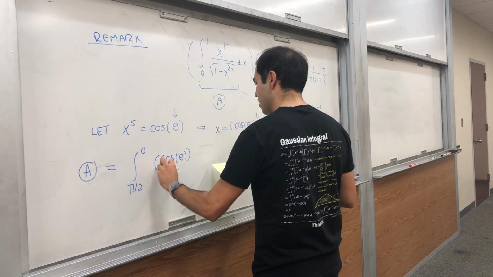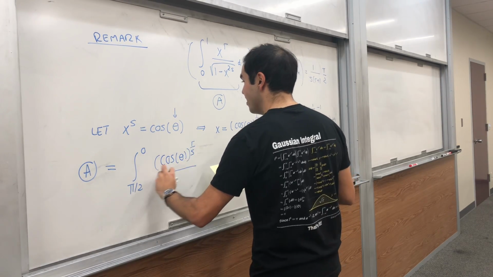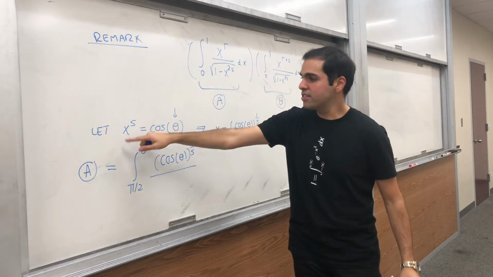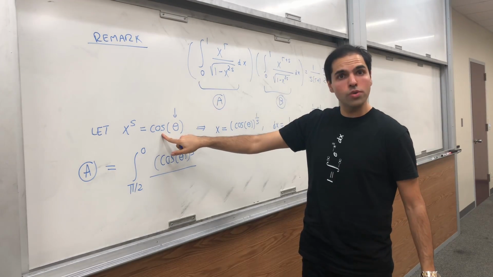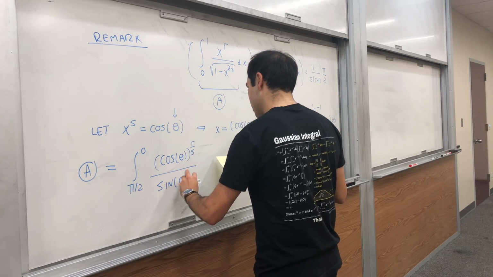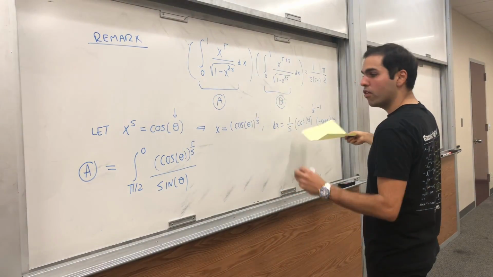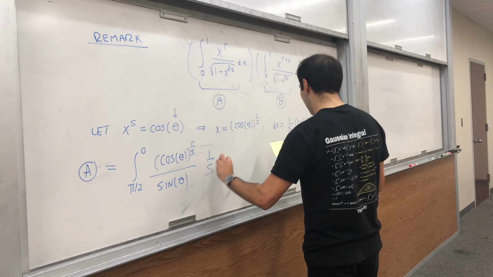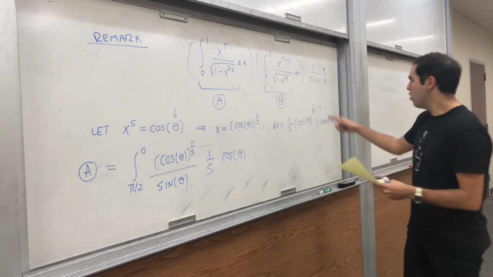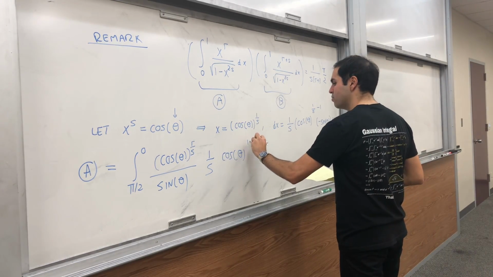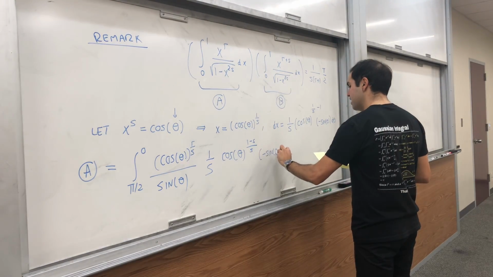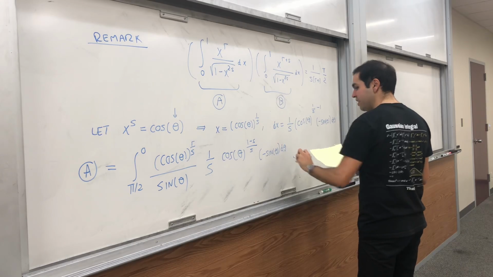And then, what is 1 minus x to the 2s? It's the square root of 1 minus cosine squared, which becomes sine of theta. And then we have our dx, which becomes 1 over s cosine of theta to the 1 over s minus 1, which you can write as 1 minus s over s, and then minus sine of theta d theta.